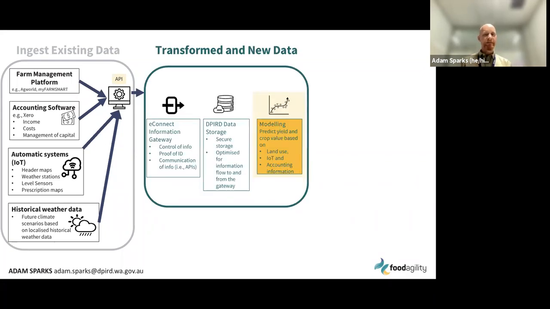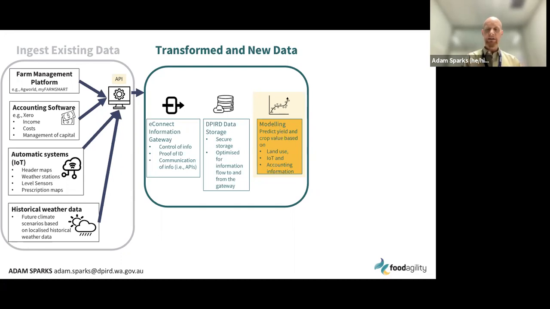The data comes in, it becomes transformed to new data. So we transfer it through an API that DPIRD develops, which in the future will be the eBroker, which I've talked about. And that's listed here as eConnect Information Gateway, which allows farmers to have complete control over the flow of the information. They can flick a switch and say, no, we don't want to share that data with you anymore, if they decide that I've done something that they don't like with the data and I no longer have access to it.